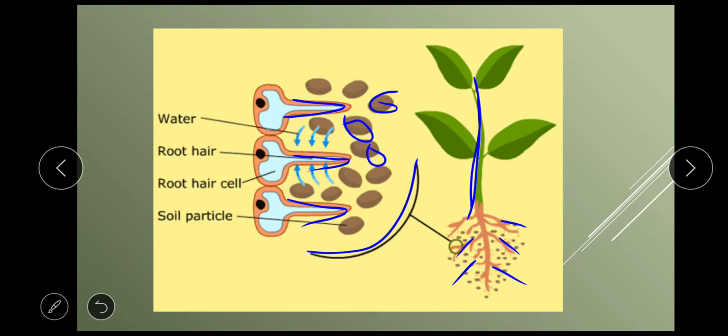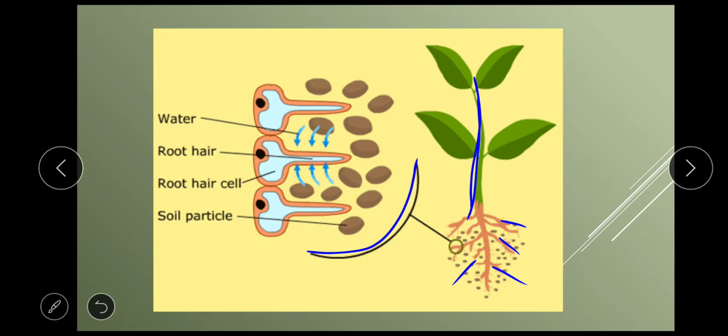These brown particles are nothing but soil particles, and there is water in between them, the soil particles. So this water, by these arrows you can see this water is going inside the root hair. Okay, they absorb water and then you can see these root hairs, they are filled with this blue color. This blue color is nothing but the water which is filled in the root hair.